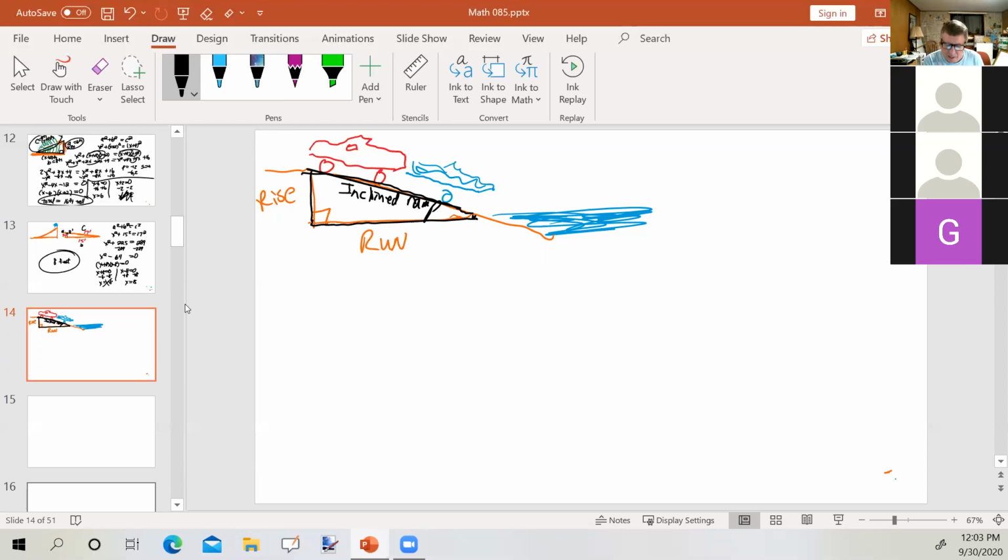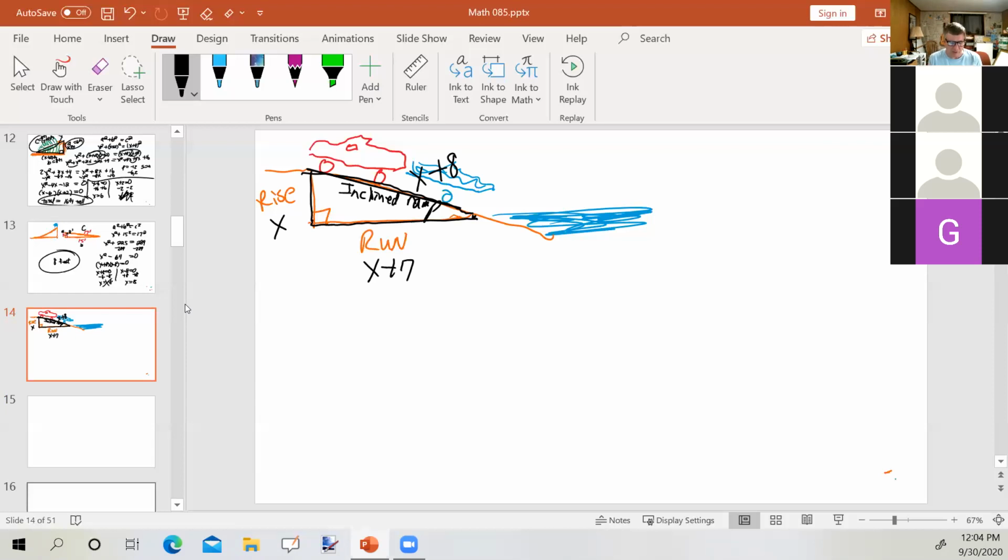Can you see that the inclined ramp is being compared to the rise and the run is being compared to the rise? So if we make the rise x, the inclined ramp is 8 meters longer, so this is going to be x plus 8. And the run is 7 meters longer, that's going to be x plus 7.